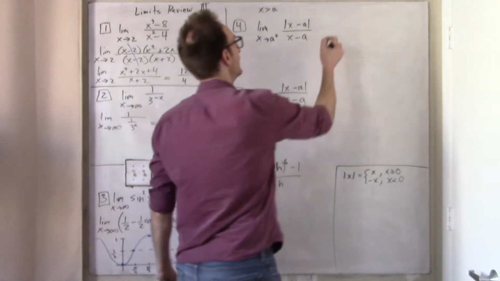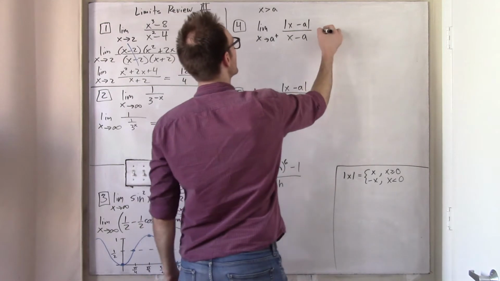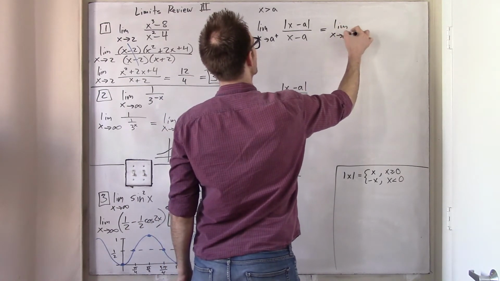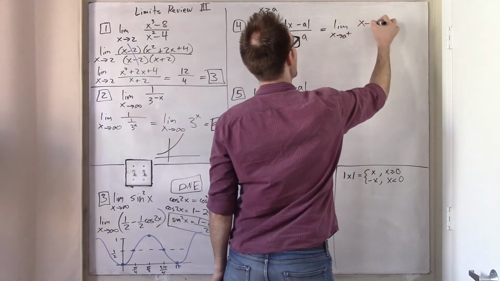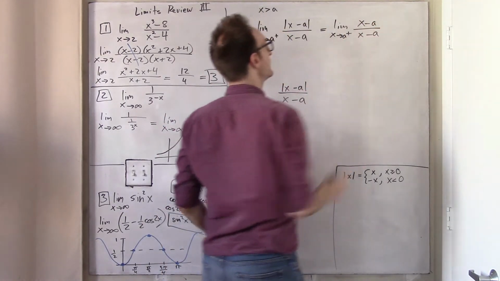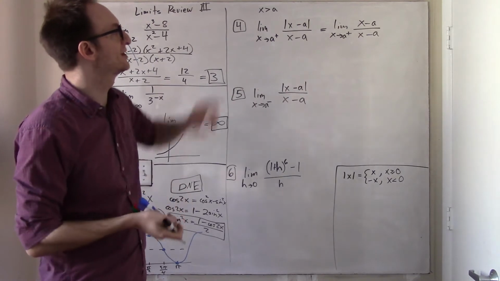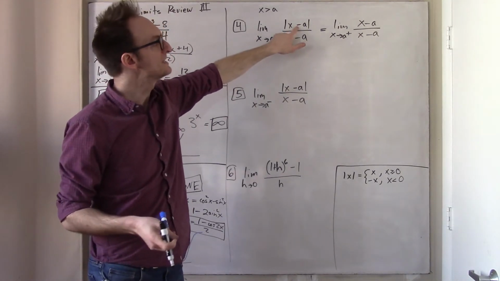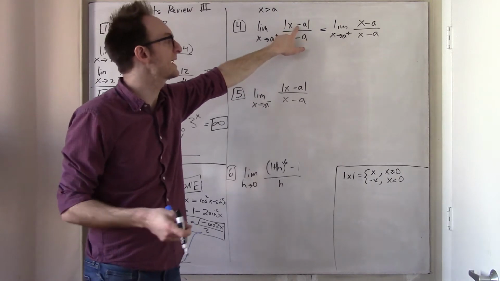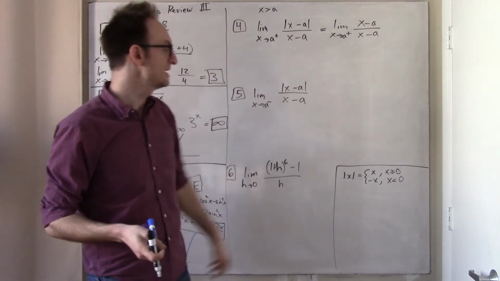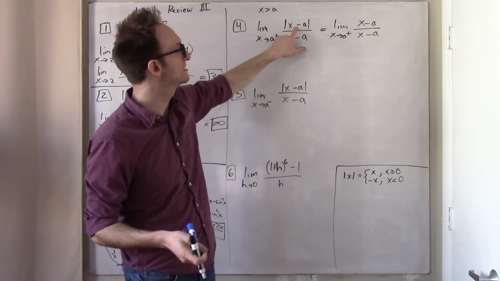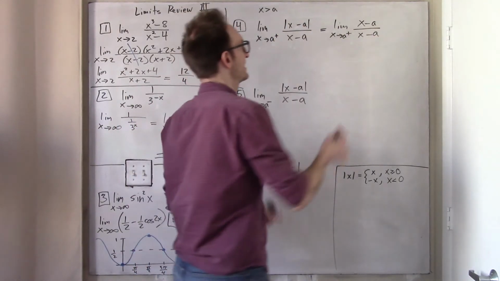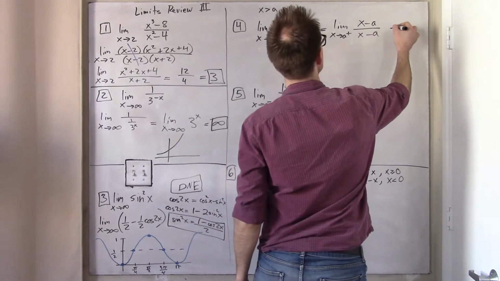And so this problem just becomes the limit as x approaches a plus of x minus a over x minus a. Because here I'm using the definition of the absolute value, which says look on the inside, see whether the thing on the inside is positive or negative. In this case, it's positive. So since it's positive, the absolute value of something positive just is that thing.